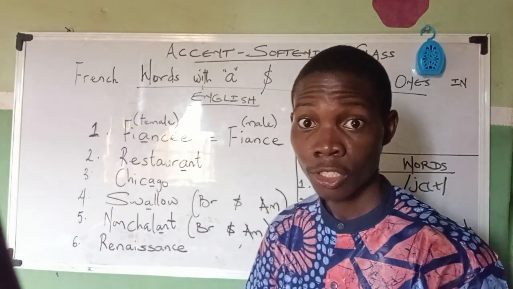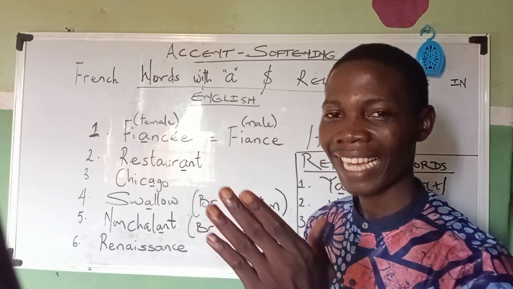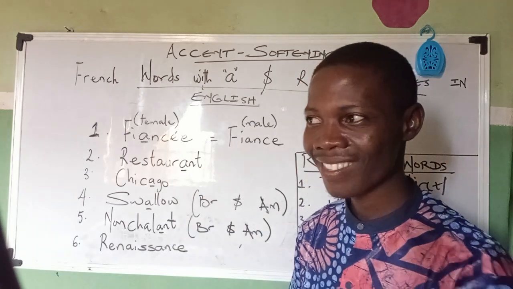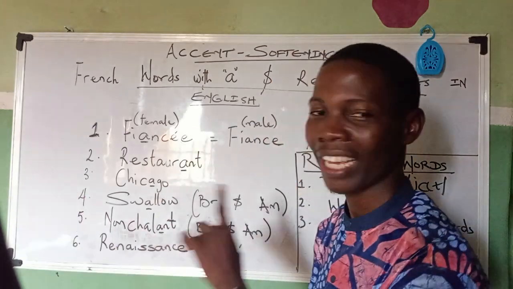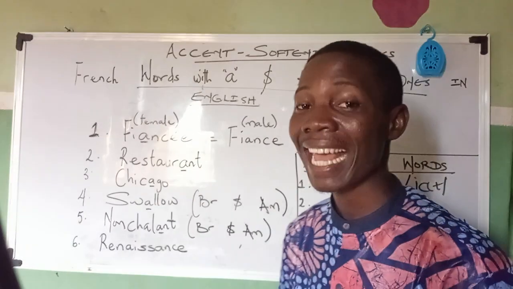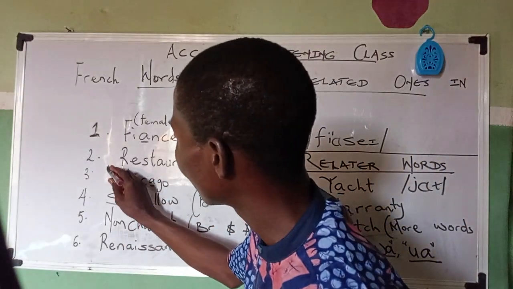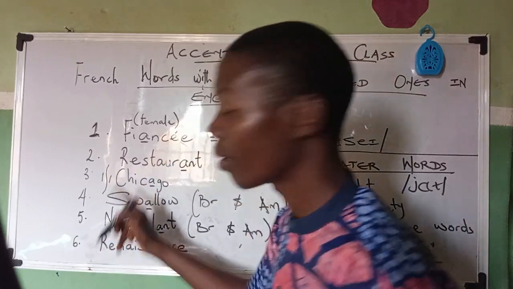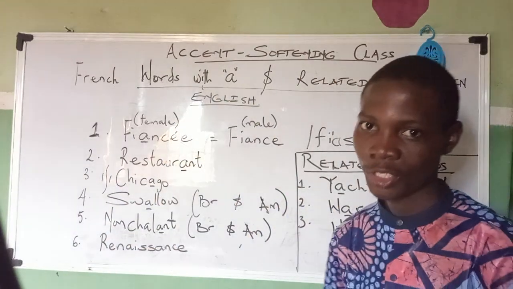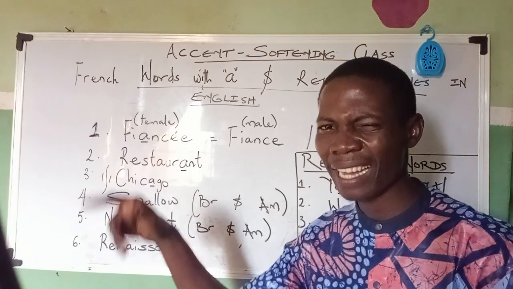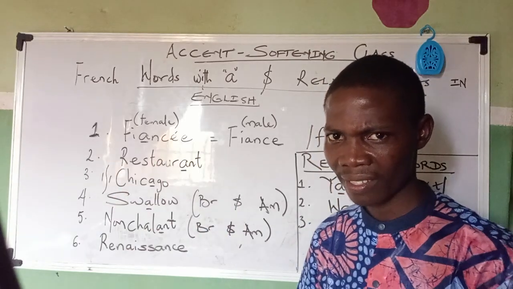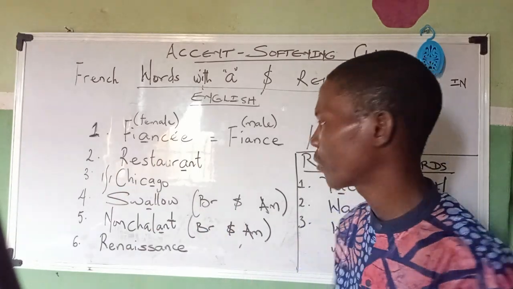In French, you can't find a ch sound like in general English. When the CH would sound ch in general English words, here it sounds sh. It makes a sh sound. French word. So I don't say Chicago, I'm saying Shicago. Repeat again. Shicago. Very good.